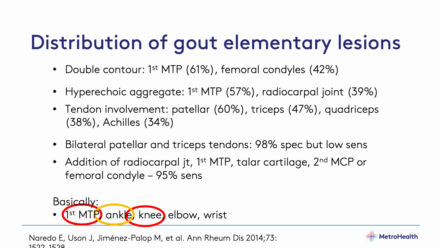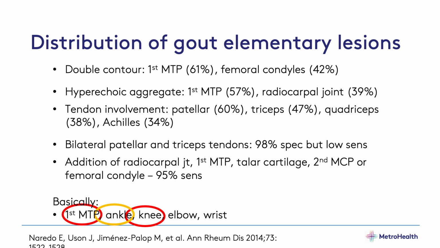Double contour sign was seen in 61% of the gout patients in the first MTP, and about 40% in the femoral condyles. Hyperechoic aggregates were also found quite commonly around the first MTP, and second on the list was the radiocarpal joint.